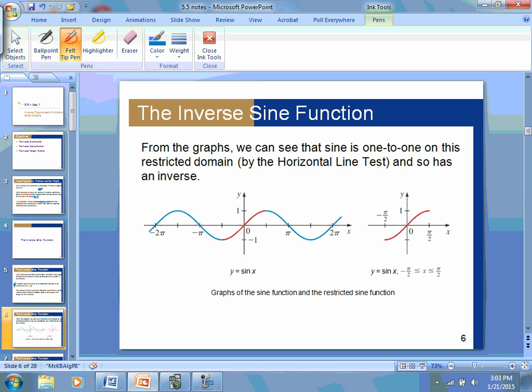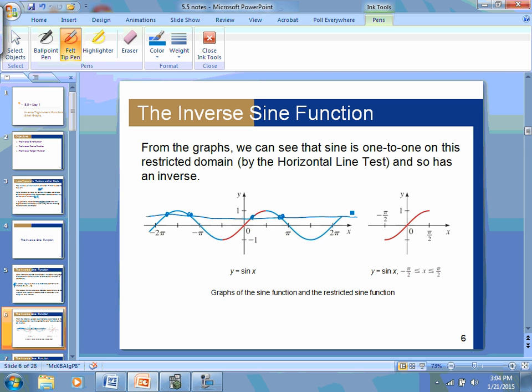So when we take a look at this picture, if we drew a horizontal line to check the horizontal line test, you can see that this horizontal line touches our function several times. So when the sine curve is just continuous like this, it doesn't pass the horizontal line test. It's not 1 to 1.